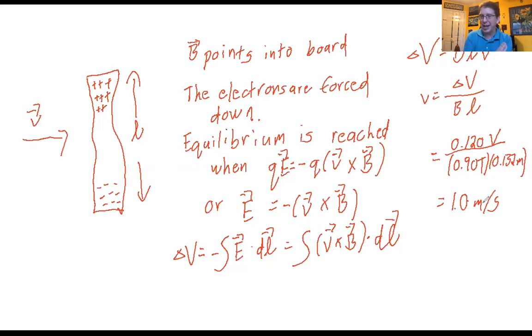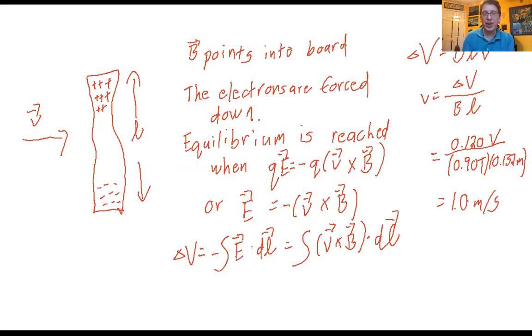So that's something to keep in mind. The integration only comes into play if V or B is not uniform over the length of the conductor. But if they're both uniform, you still need to take into account the cross product and then the dot product when you do this.